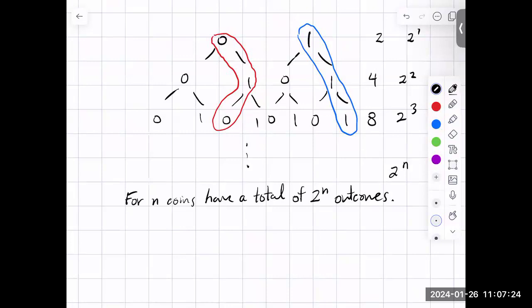And so if I add up the probabilities of all the outcomes, it has to be 1. And if there's 2 to the n of them, I must be adding 1 over 2 to the n, 2 to the n times. Okay, if that makes sense.